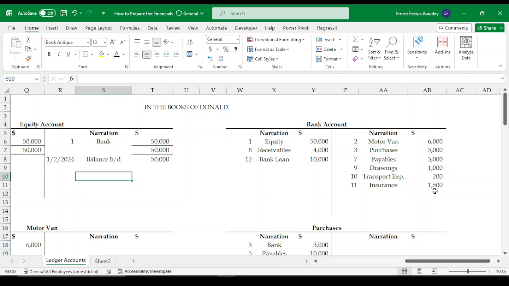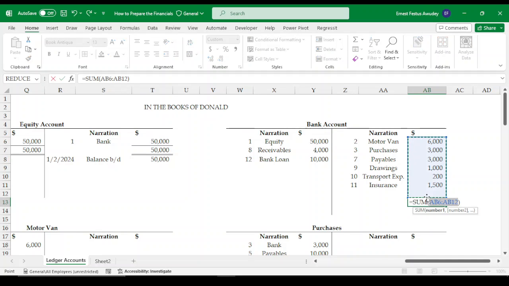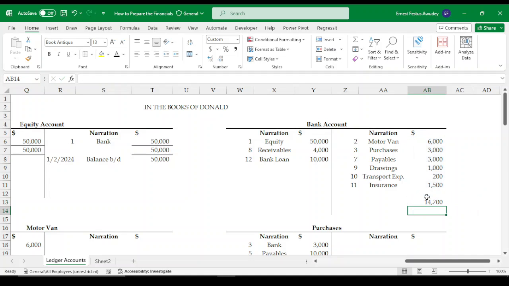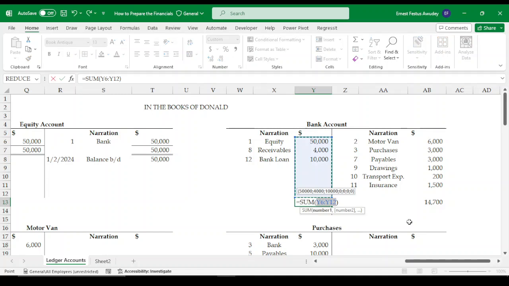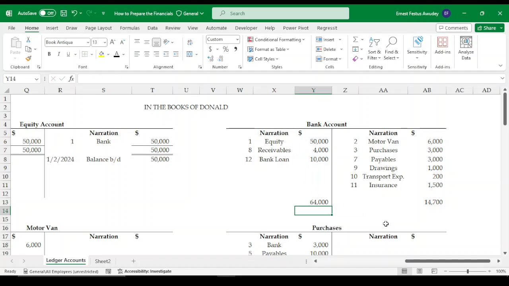So when we come here, the first step, as I said, is that you are going to calculate the totals for both sides. I can just come here and press Alt equals, and that's going to sum everything for me. So I have 14,700. I'll also do this on the other side, just for me to know the total for both sides. Now from here, I know that the debit side is 64,000 and the credit side is 14,700.